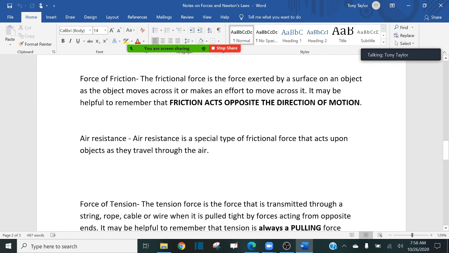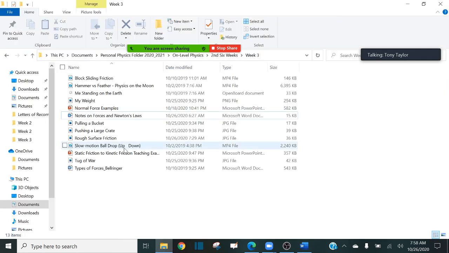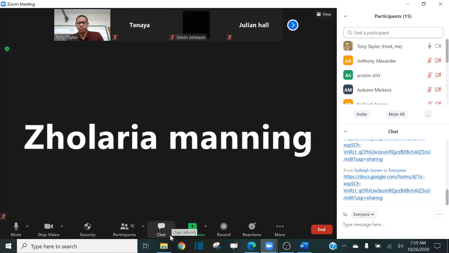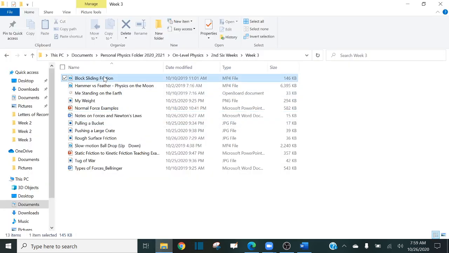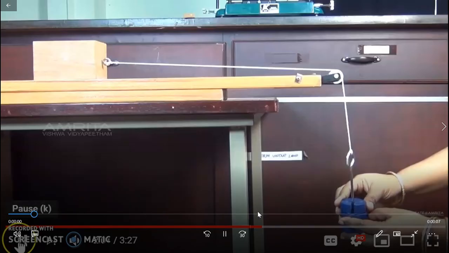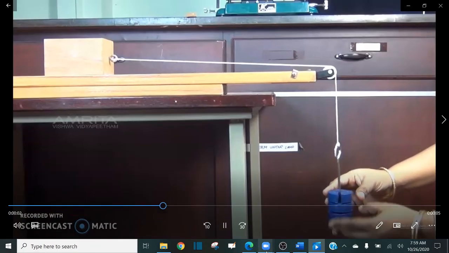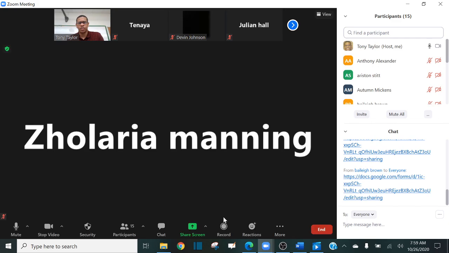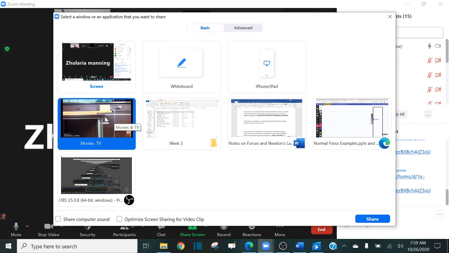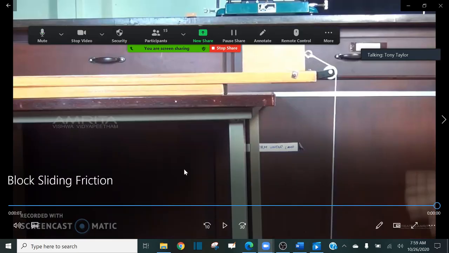So guys, anytime you have 2 objects sliding across each other, there's always a force of friction there. Let me show you guys an example of what I mean. I always like to show video clips because video clips always help you guys solidify these concepts.